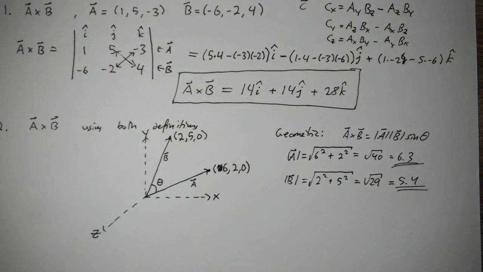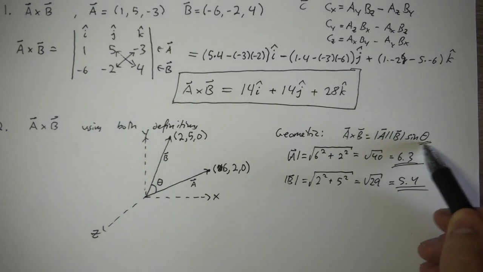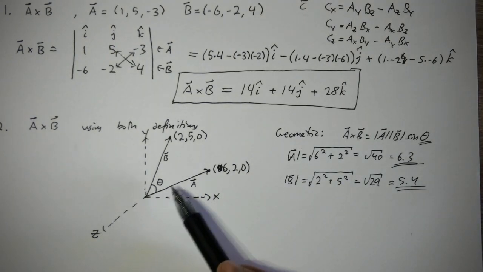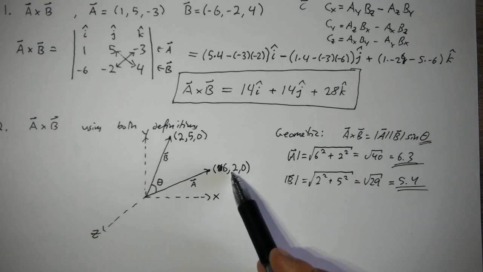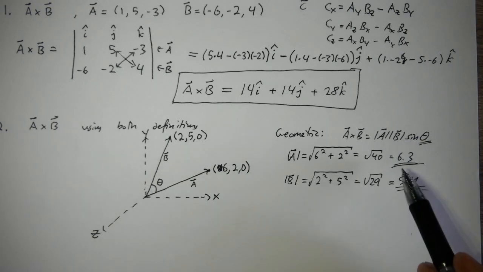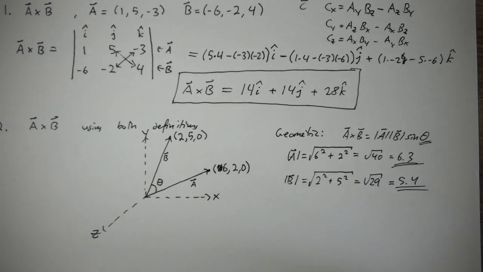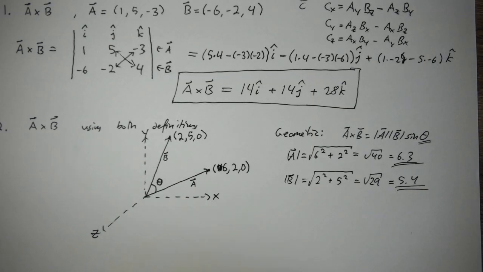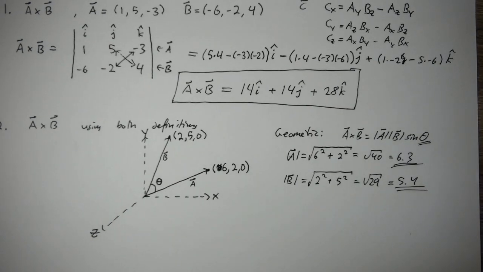Okay, now there's one more thing we have to find, which is our angle. And how are we going to do this? We know our components of our vectors, and now we know their magnitudes, but we don't know this theta. What we can do is find the angle of the individual vectors with x.